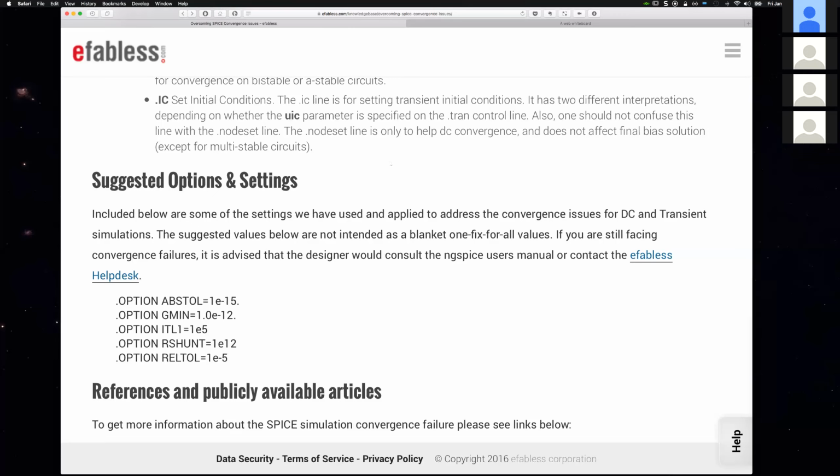If I can interject a comment here, just to mention that reltol is the option that I have been playing around with in the newest test benches that I had everybody download for the challenge. If you're having problems getting a circuit to converge in the ACE characterization tool results, and you can figure out a change to reltol that makes it work, that's the easiest for us to work with.